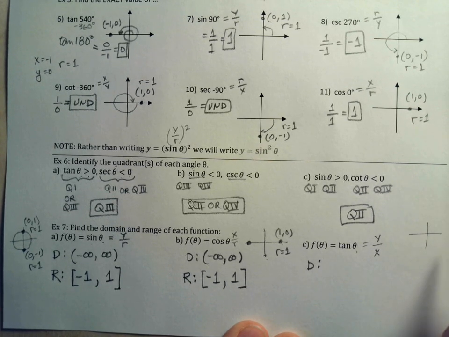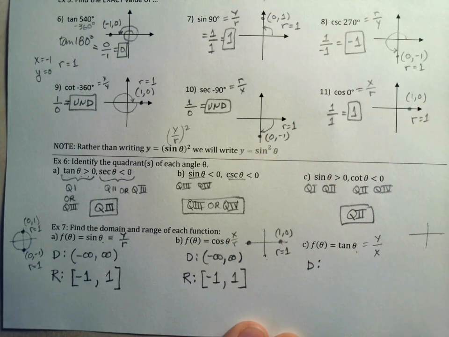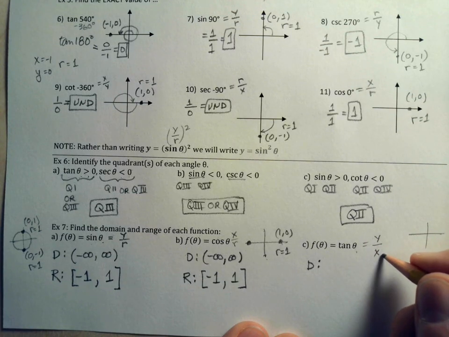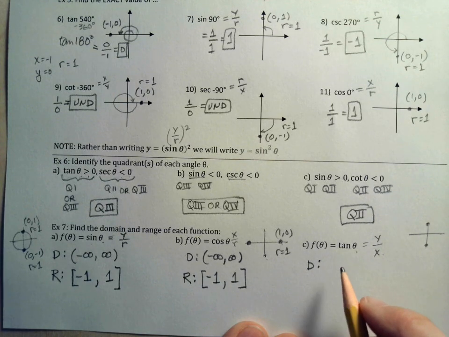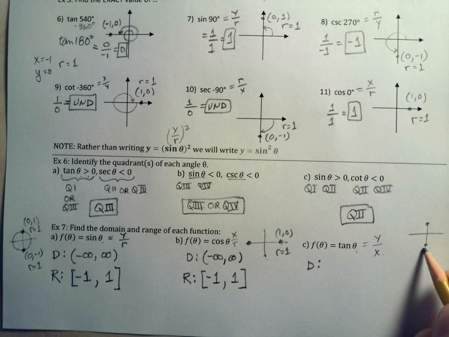Certain angles will create a tangent that's undefined, and we saw those up above. When is this ratio undefined? When x is 0. So that would be here and here. X is 0, right? So we can't put a theta value of 90 or 270, or any multiple thereof.